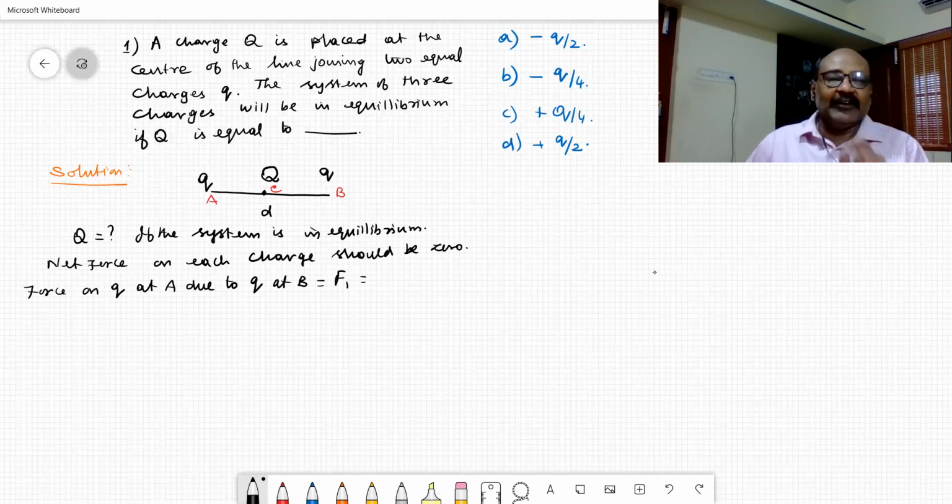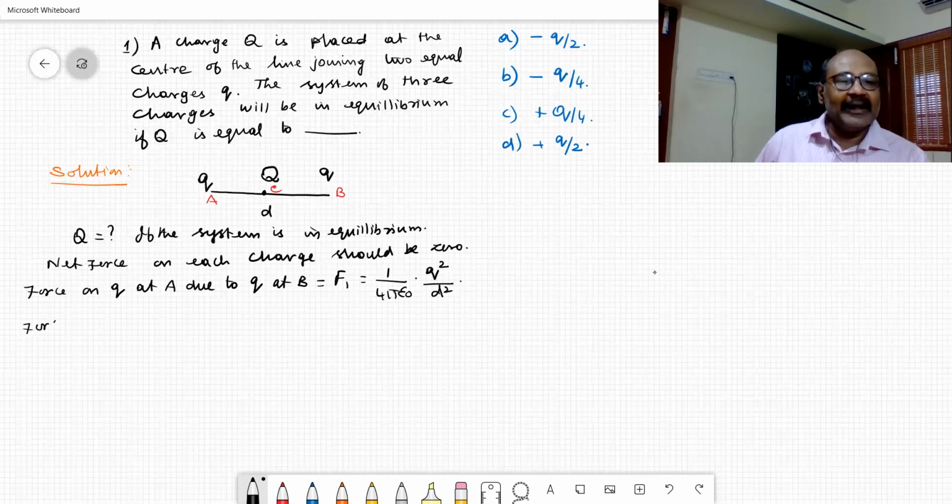According to Coulomb's law, the force F1 is 1 divided by 4 pi epsilon 0 into q square divided by the whole distance, which I am taking as d square.